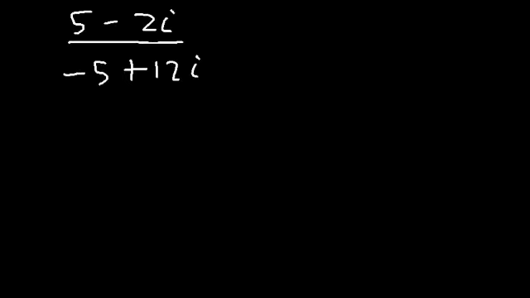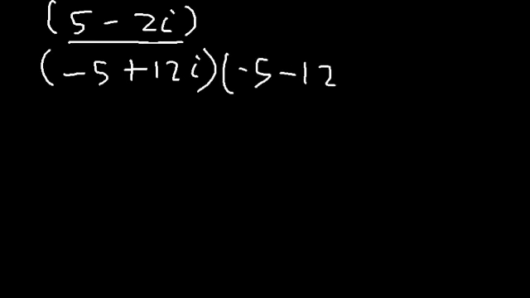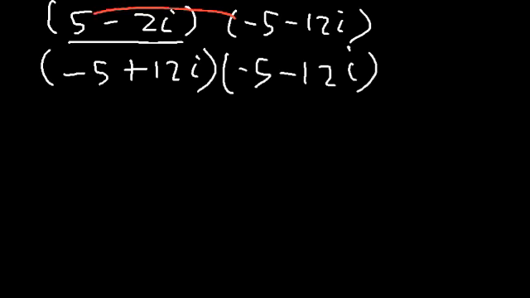So now at this point, we can multiply the top and the bottom by the conjugate of the denominator. That is negative 5 minus 12i. So on top, let's distribute. 5 times negative 5 is negative 25. 5 times negative 12i, that's negative 60i.